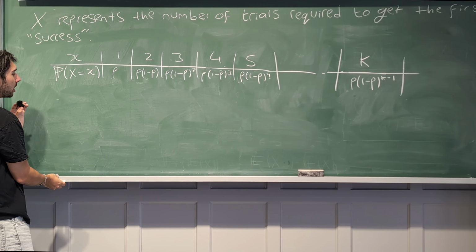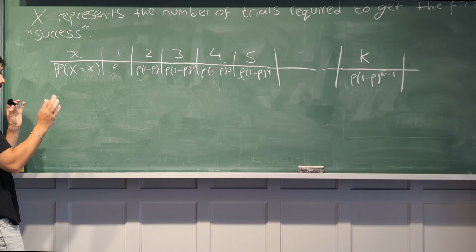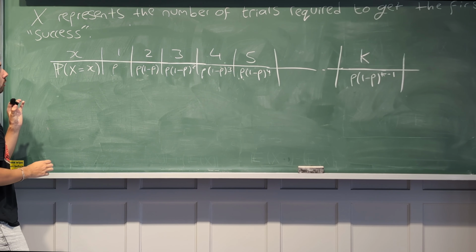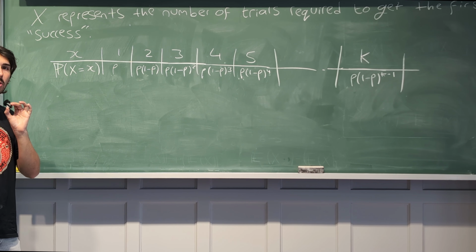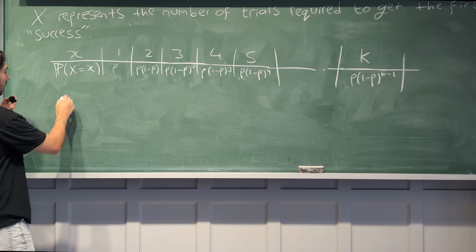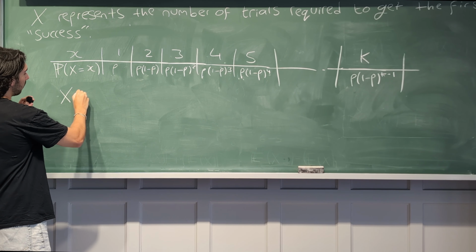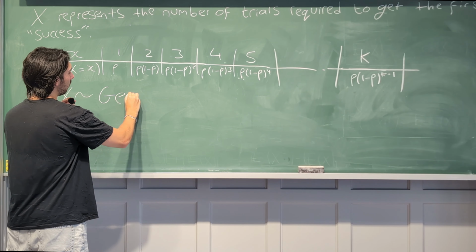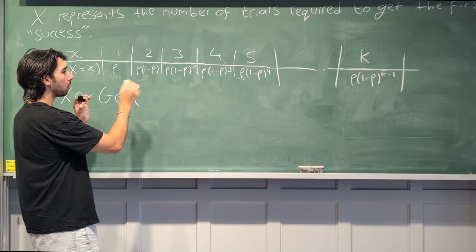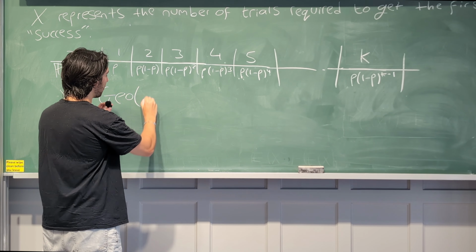So for something that's geometrically distributed, let's look at some notation. The fast way to say that X, the random variable, has this special geometric distribution is to say X, a little squiggle, is Geo, and then in brackets you put whatever p is. So in general it's just p.